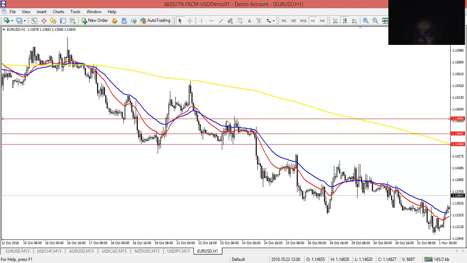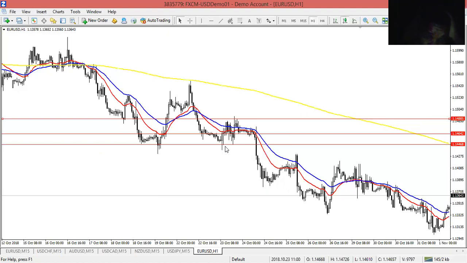So you can either enter after the candlestick falls below the red moving average, or you wait for the trend to move lower than the previous low. I hope it's not getting too complicated.